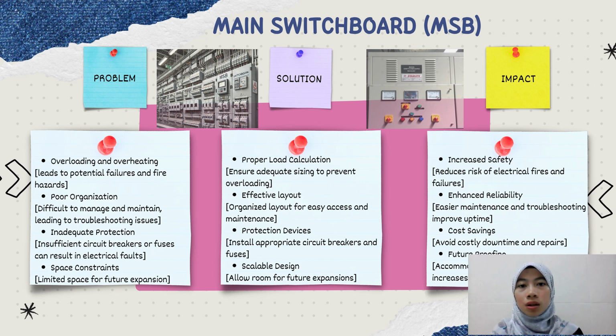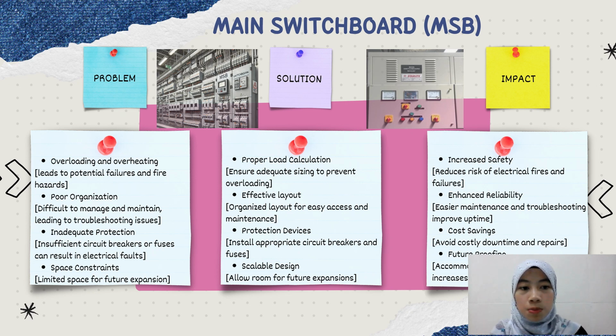We have to calculate properly and slowly to have a good answer. The solution for problem 2 is an effective layout with an organized arrangement that allows easy access and maintenance. For the third problem, we can install appropriate protection devices such as circuit breakers and fuses to ensure safety. And lastly, for the space constraint, a scalable design should be implemented to allow room for future expansion.